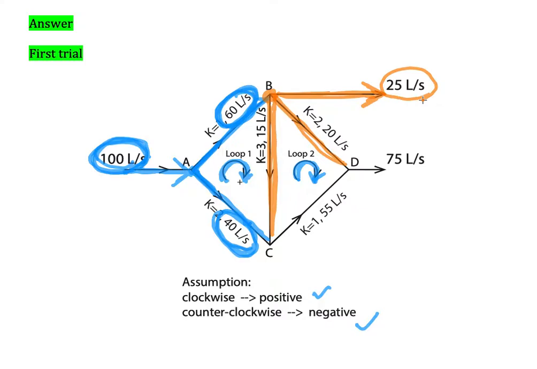So in these 2 branches here, I predict one is 20 liter and another one is 15 liters. So the total of 60 liter per second here is equivalent to 25 plus 20 plus 15. So the total of output remains 60 liters.